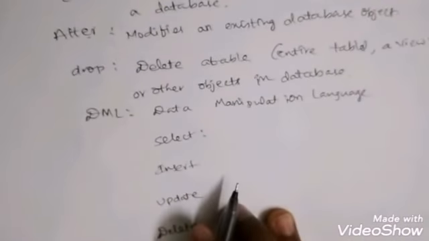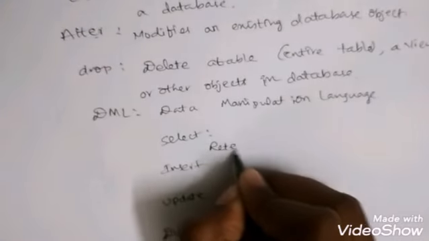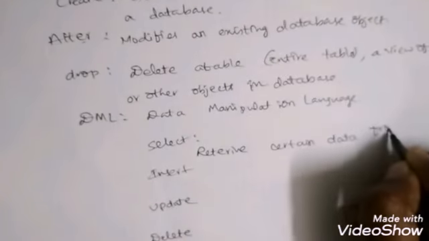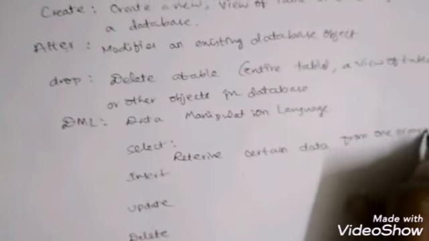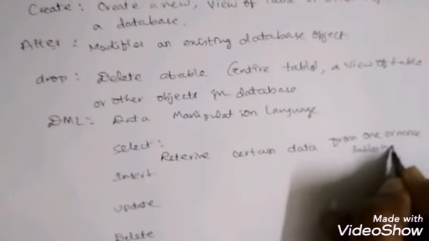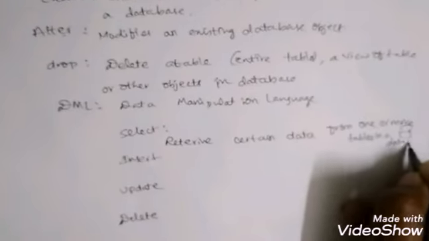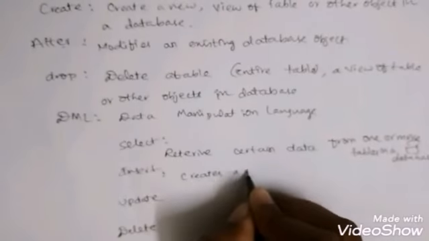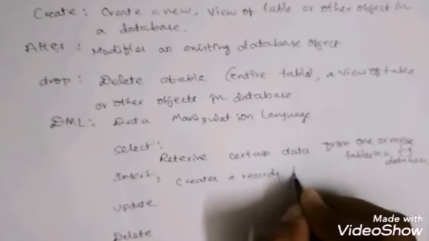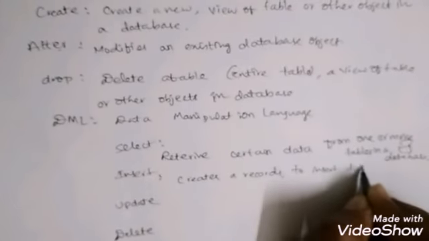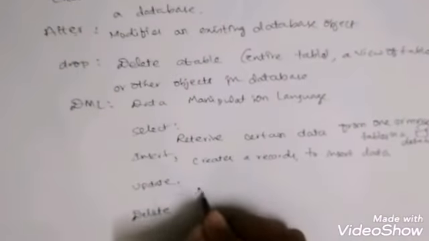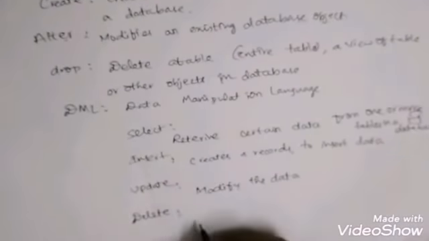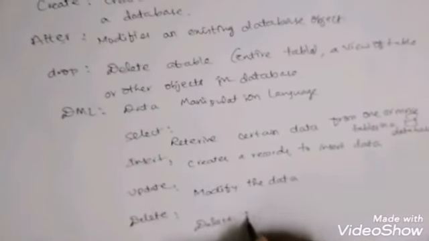Select is the command which is used to retrieve certain data from one or more tables in a database, insert to create records, to insert data, update to modify the data, and delete to delete the data. We use these commands.